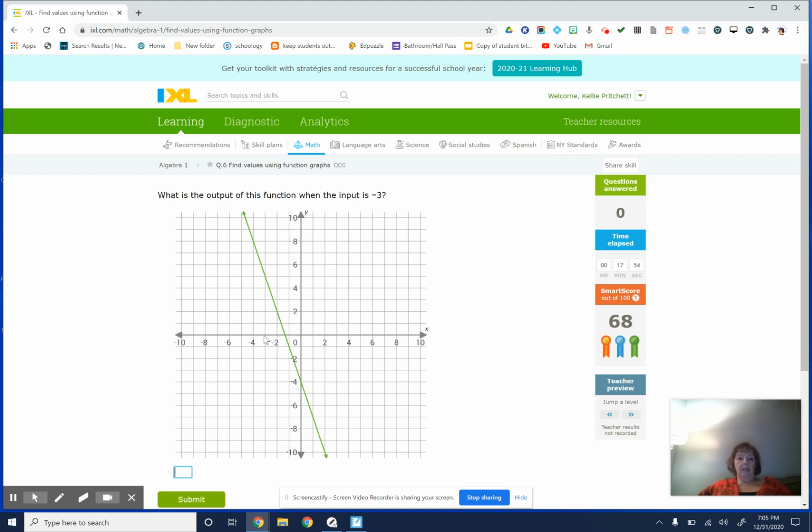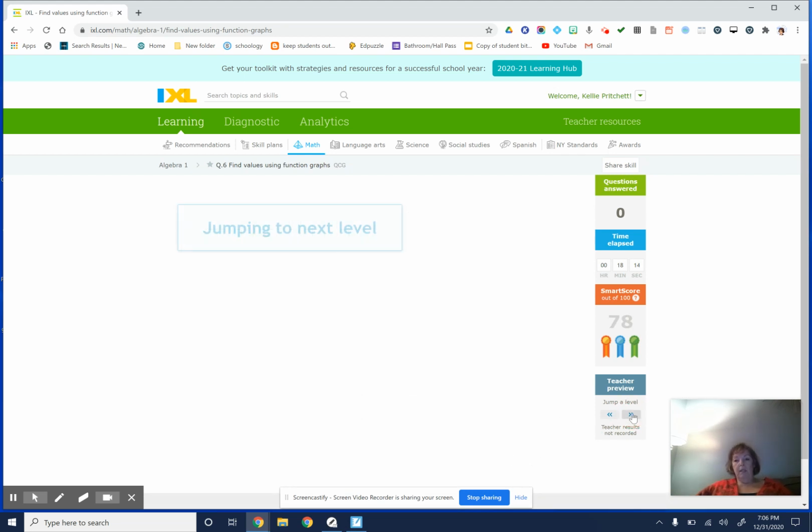And in order to hit that line, I would have to go up right to here. And then my y value, I come across to see what it is, and it would be 5. So my y value is 5 when x is -3. So output is y, input is x.